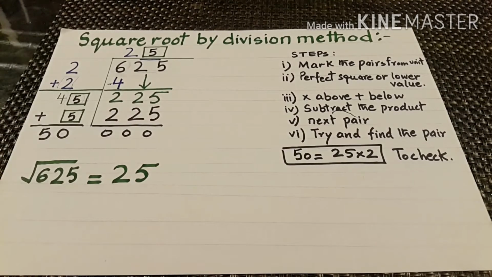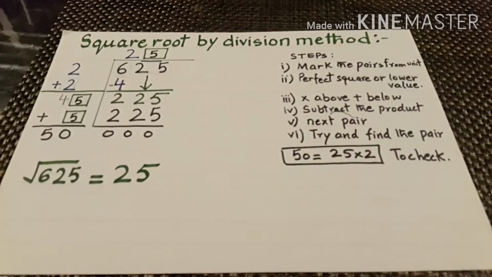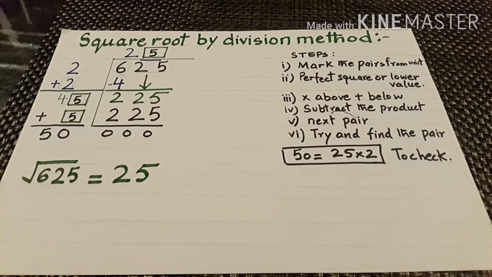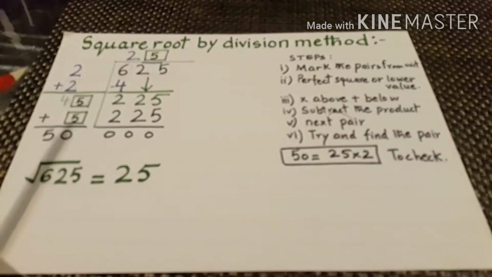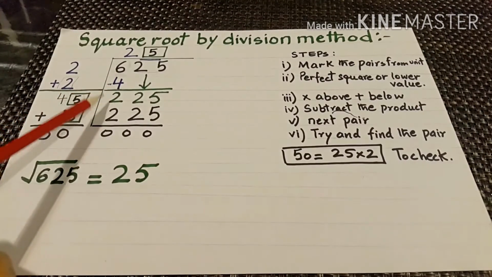Now I tell you the steps that we have followed. The step number 1 was we have marked the pairs from the unit side. Then we have to find the perfect square, or we write the lower value. Then we multiply above and below with the same number. Then we have subtracted the product.